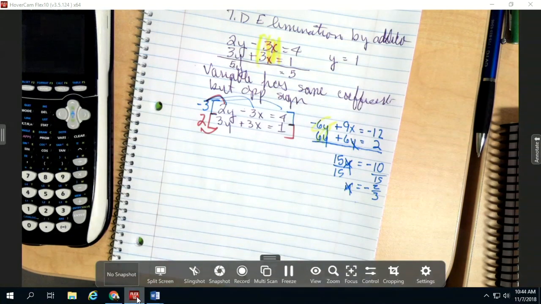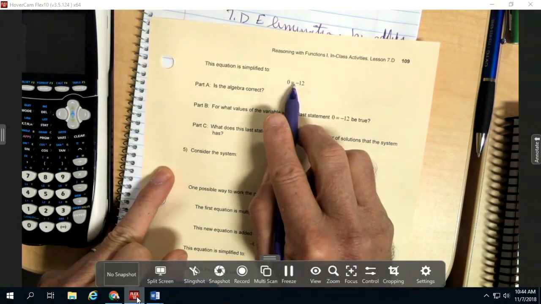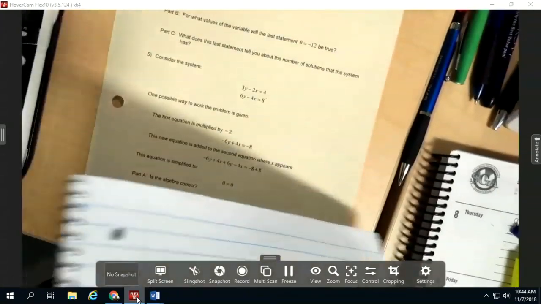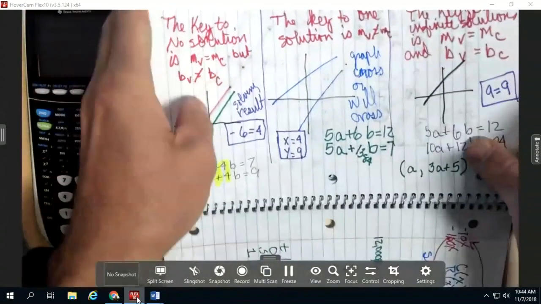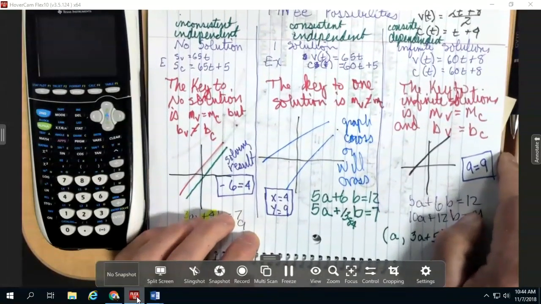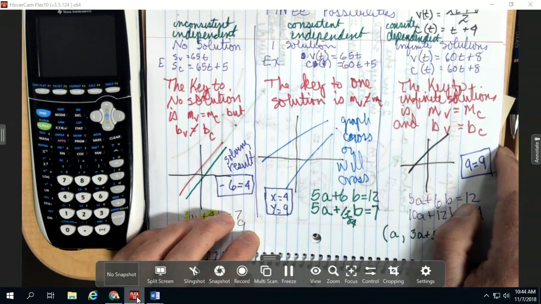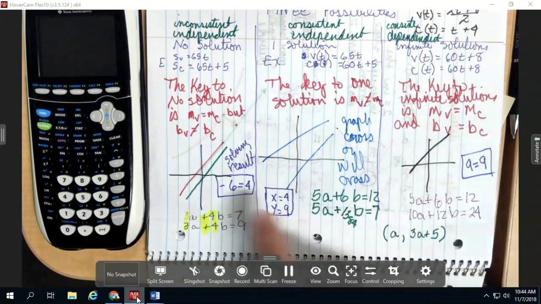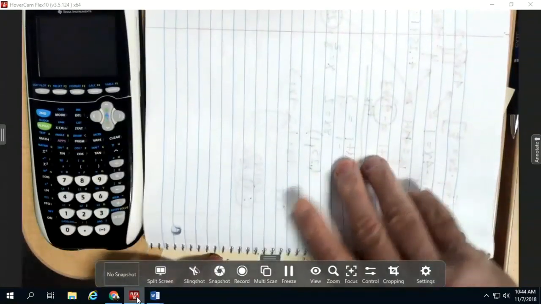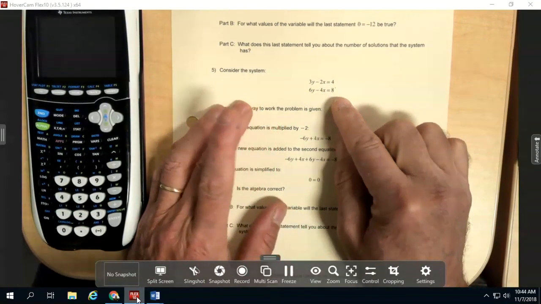So the x's and the y's crossed each other out, and they ended up with 0 is negative 12. Which situation are we in? No solution, right? You end up with something that isn't true. No solution.